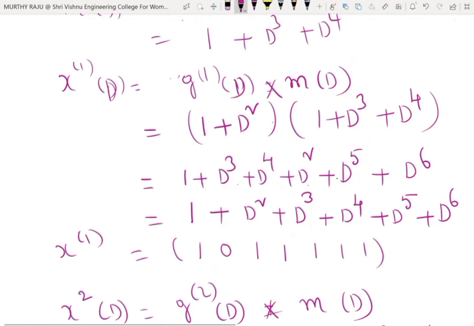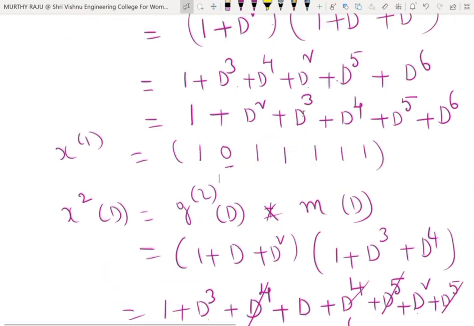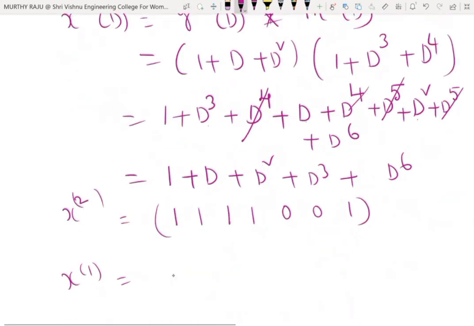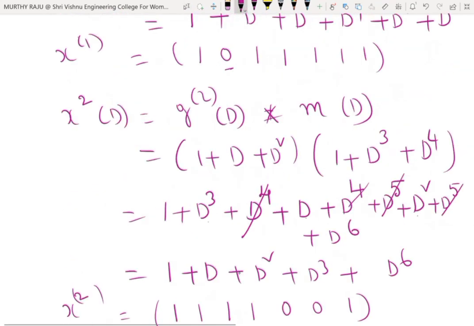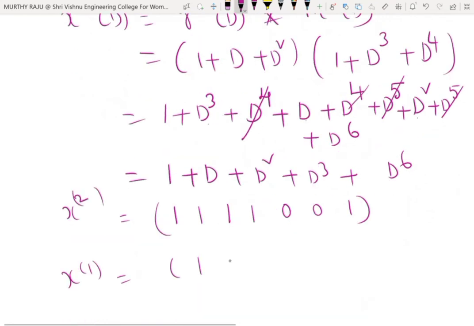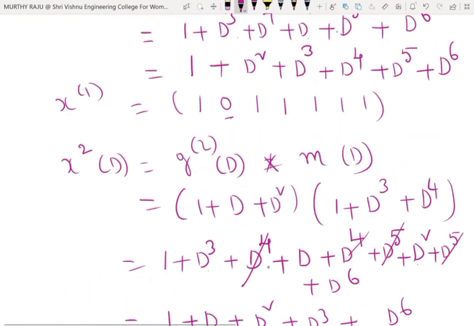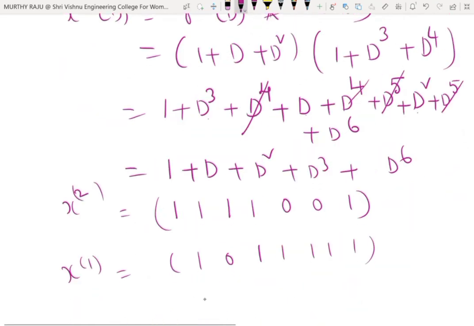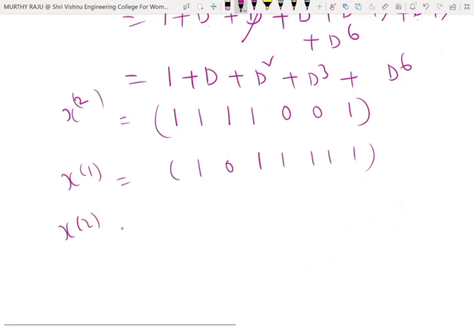The d term is absent, that is the reason here 0. x of 1 is equal to 1, 0, 1, 0, 1, 1, 1, 1, 1. Therefore, x of 2 is equal to 1, 2, 3, 4, 2 zeros and 1.